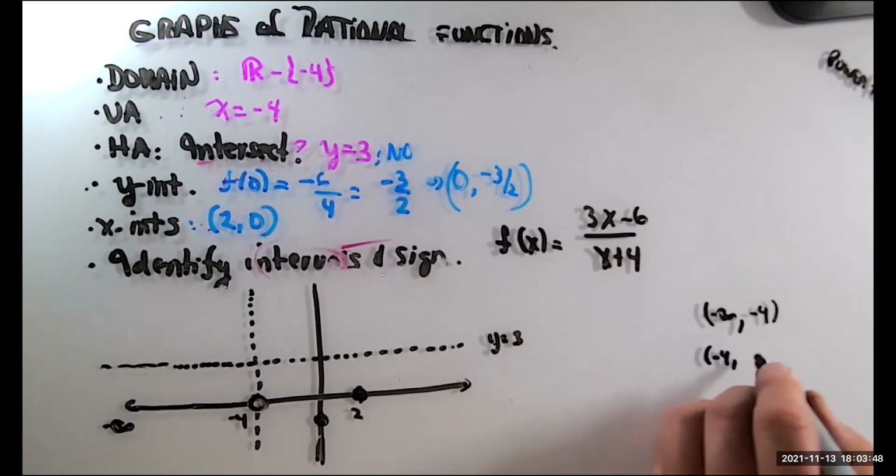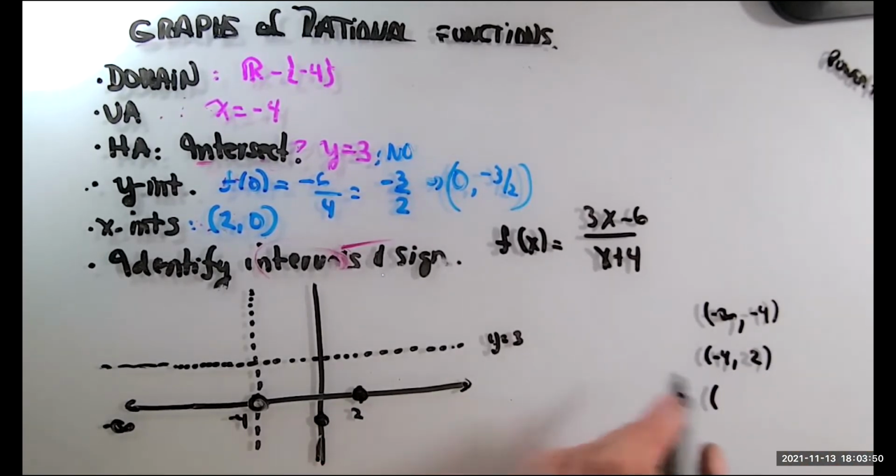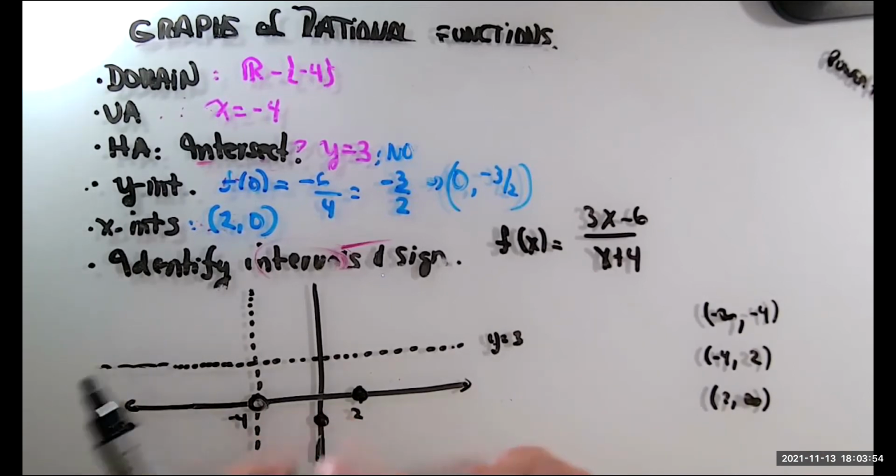So from -4 to 2, and then from 2 to infinity. Notice that I don't care about the y-intercept. We always look at the intervals in terms of x. What is the behavior of the function when we look at x?